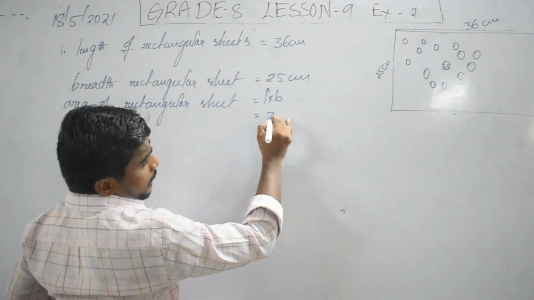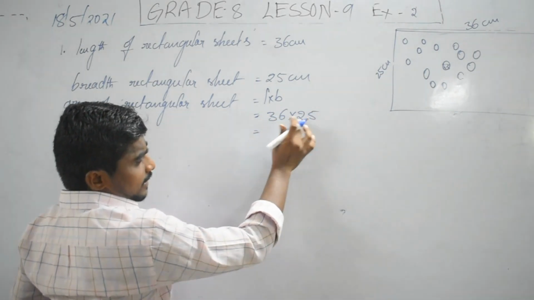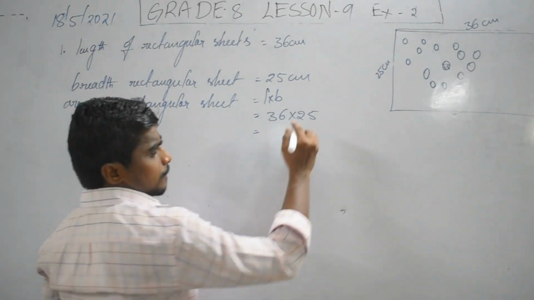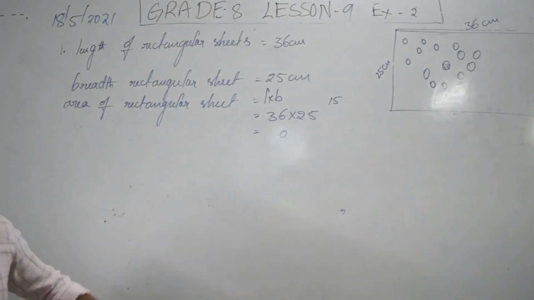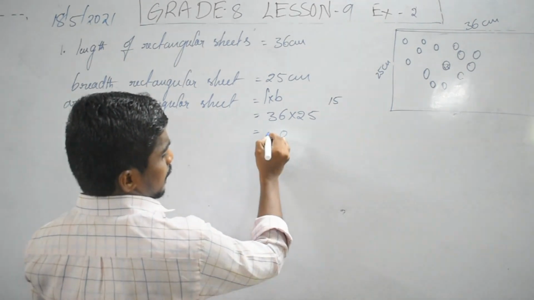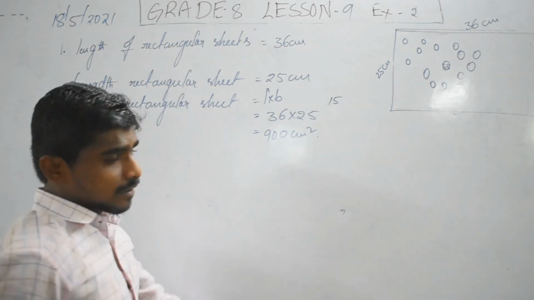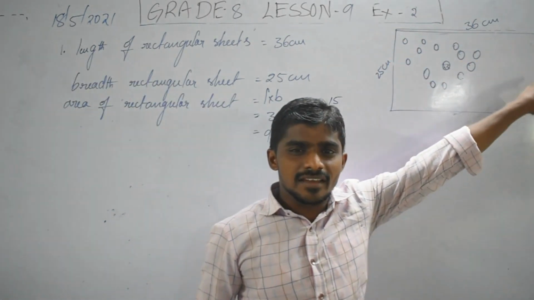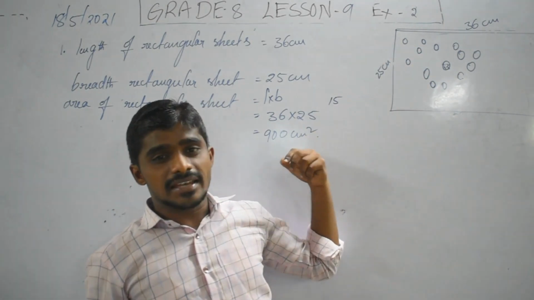So 36 cross out 25. 25 6s are 150. 25 3s are 75 plus 15, 90. So the area of the rectangular sheet is 900 centimeters square.